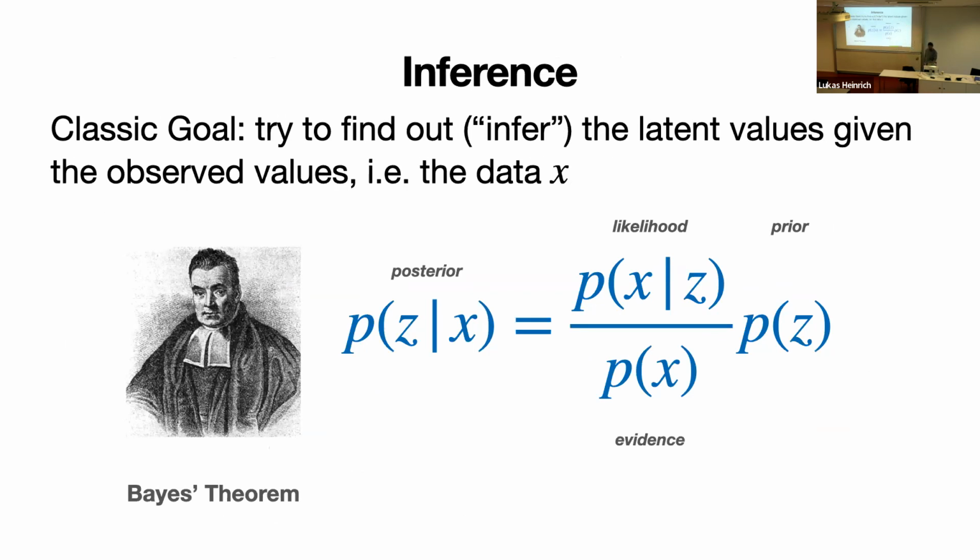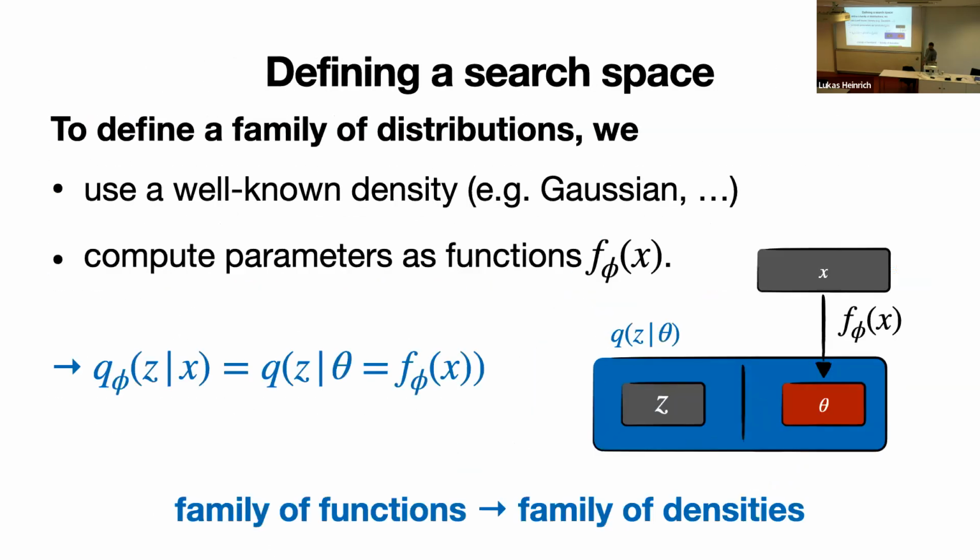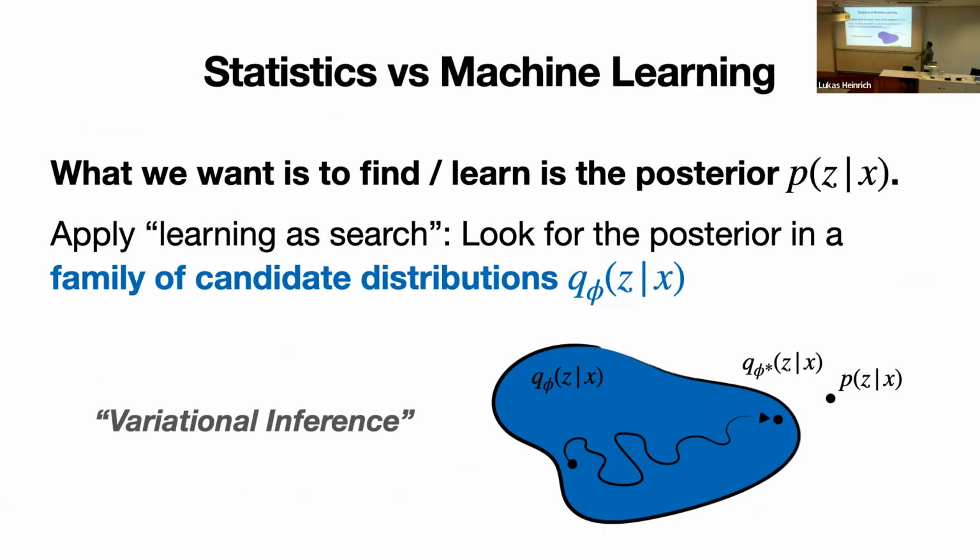Integrating is difficult, but optimizing is easier. So you're turning an integration problem into an optimization problem, even if you had the true likelihood. This is a very popular approach called variational inference. We define a set of possible posteriors and look for one that is close to the one we are actually interested in.